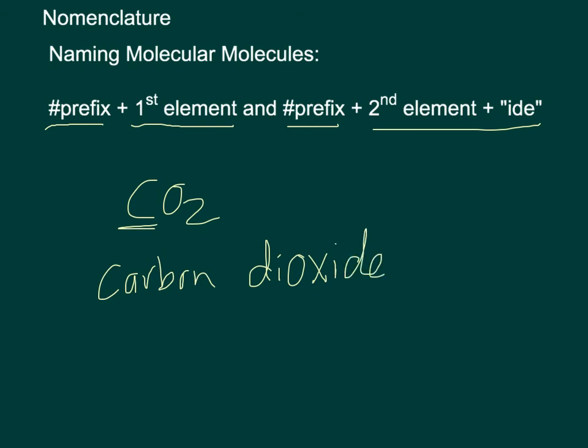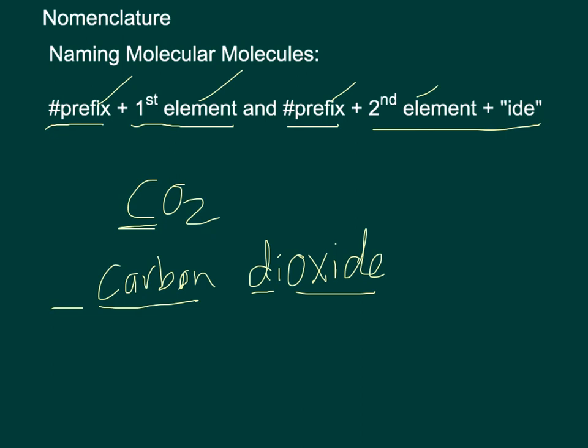Right, so we have a sort of not present but kind of there mono, assumed in if it's not spoken, carbon dioxide. Okay, so these are the 4 things you need to hit when you're going through and naming that. And again, you can leave the mono off at the beginning.